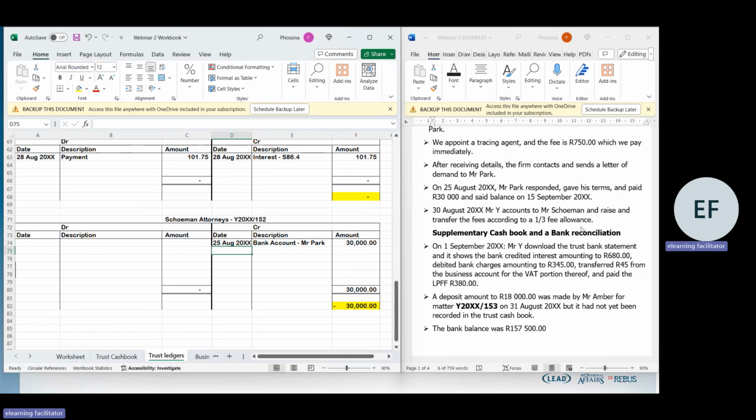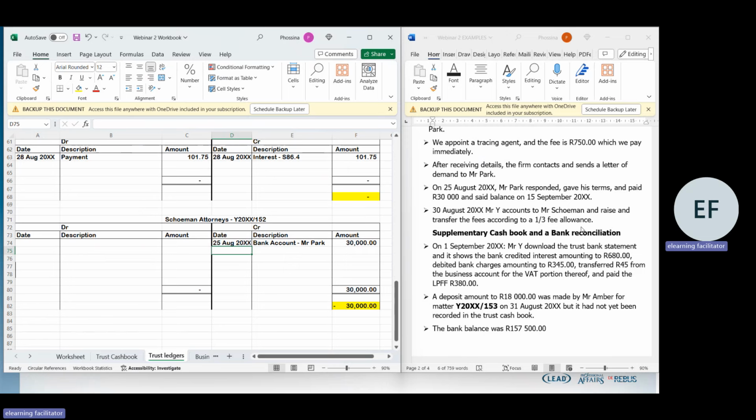All right, and what is next? It's the VAT account. When we collect the VAT, we are going to share it also with Skuman Attorneys. How much is the VAT? 30,000 multiplied by 10% multiplied by 15%, which is 450.